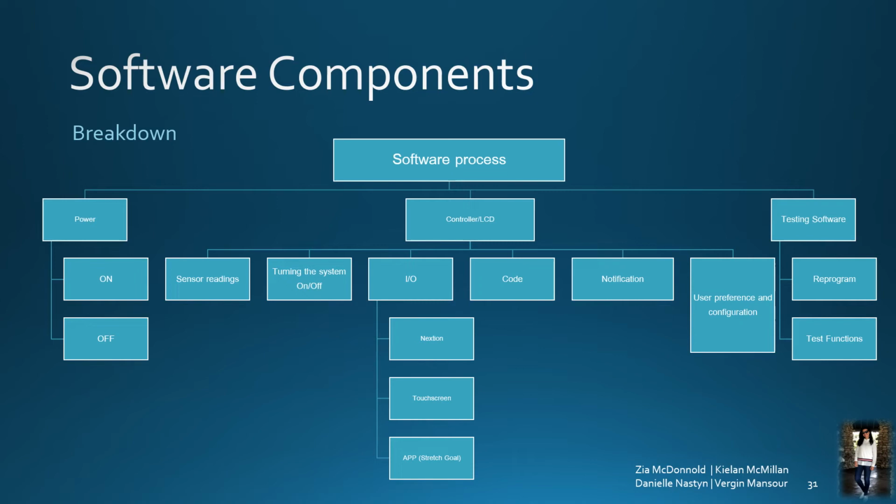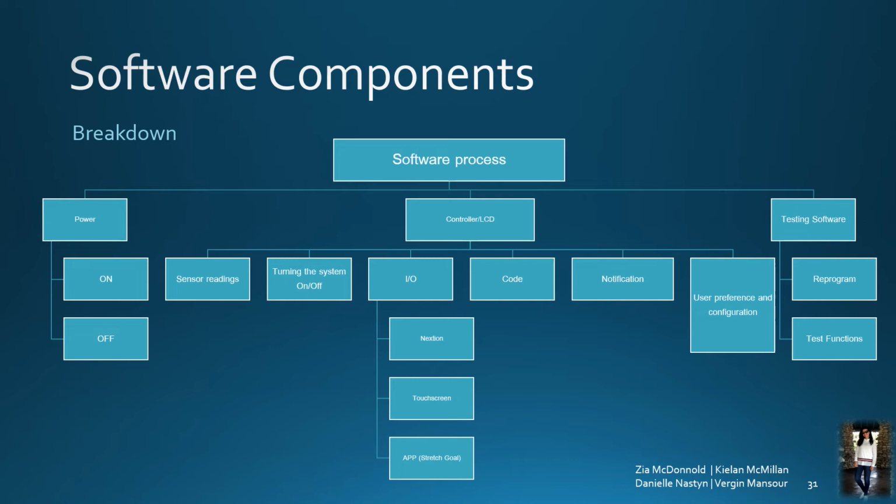Like I said, for the power aspect, the coding needs to turn the machine on and off, and then we can control it later on through the LCD controller, which means it needs to read the sensors, turn the system off and on, and handle the I/O, which would be the Nexion touchscreen and the app as a stretch goal.